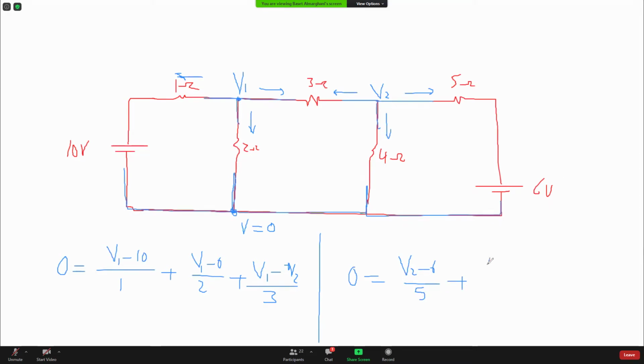The second current is V2 minus 0 divided by 4. This is the current in the 4 ohm. The third current will be V2 minus V1, assuming it's leaving V2, divided by 3. Those two equations, you solve them, you find V1 and V2, and those are the nodal voltages. Is this okay? Just a review of what we did last time.